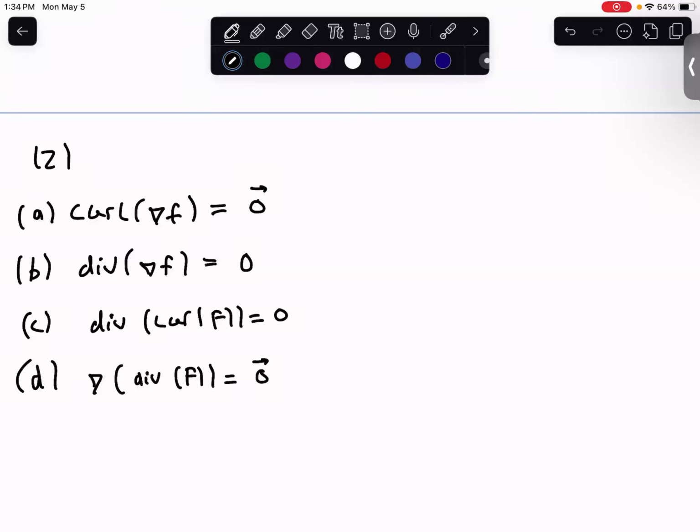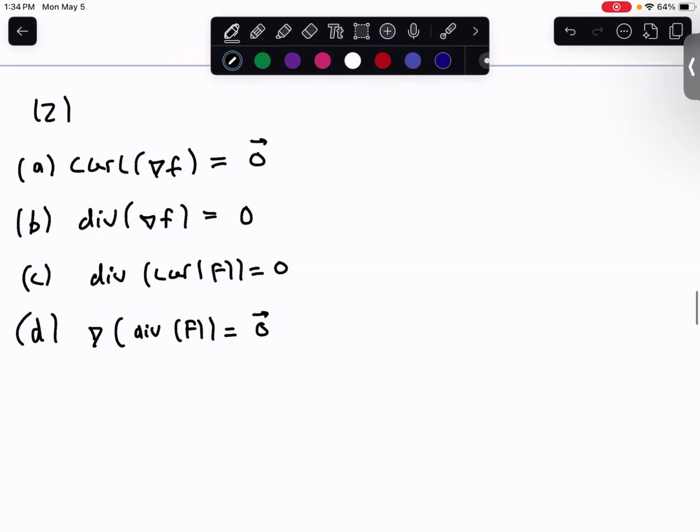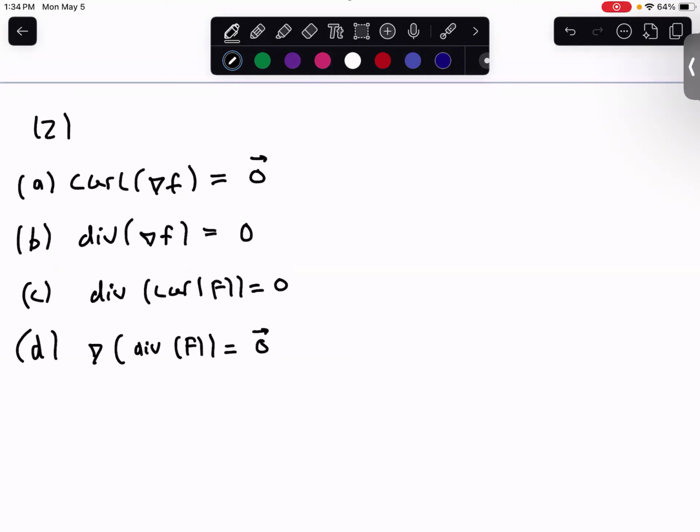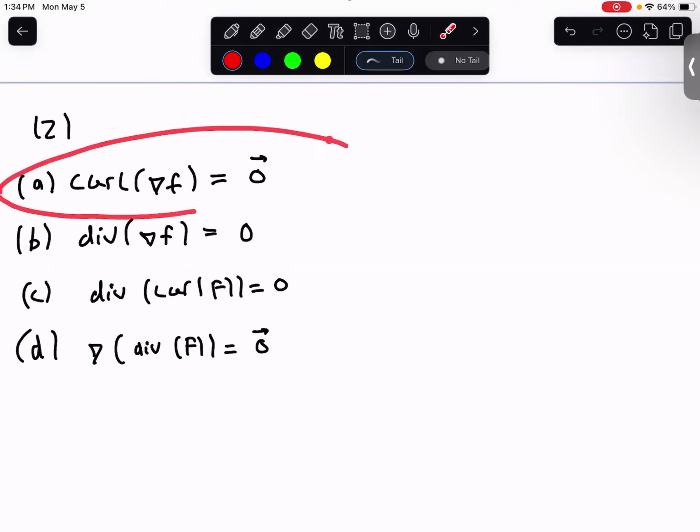So for problem 12a, I'm not going to go into full detail. But this goes back to, I think, section 16.3, right? It's asking you to find the curl of the gradient of a function. What we've seen in the past is that if you have a conservative vector field and you compute the curl of that vector field, it ends up being equal to 0.